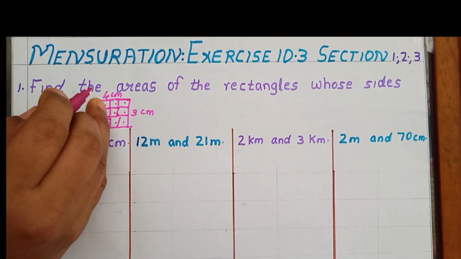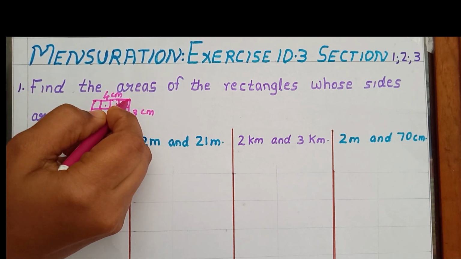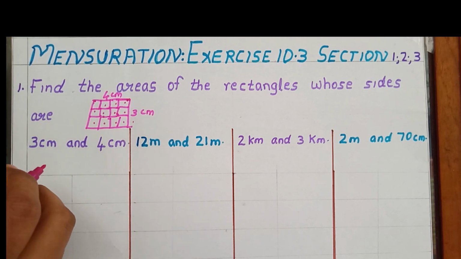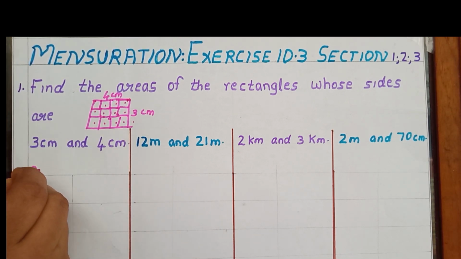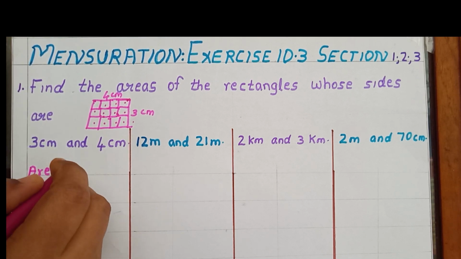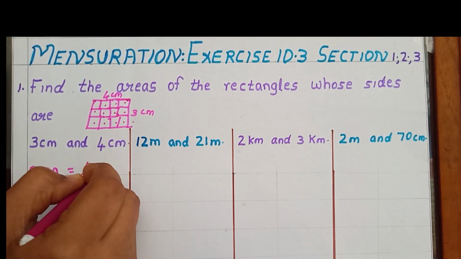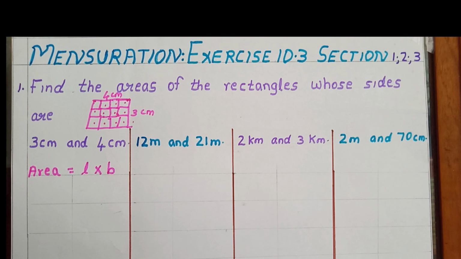How can we find this by using these numbers? Just multiply length and breadth. That means the formula for area is area equal to length of the rectangle into breadth of the rectangle.